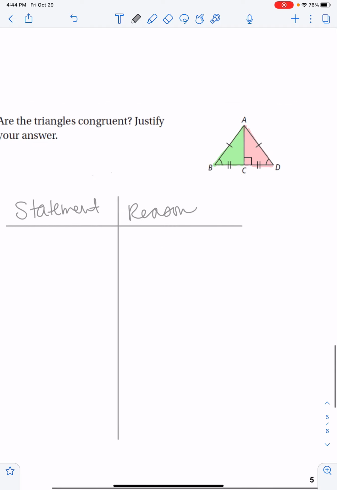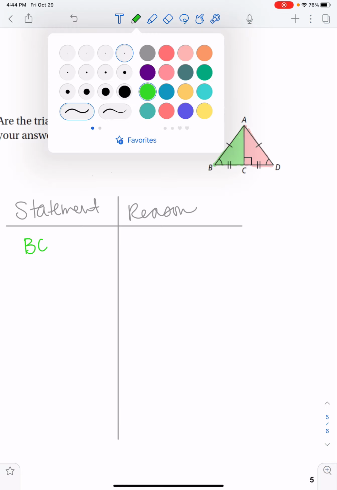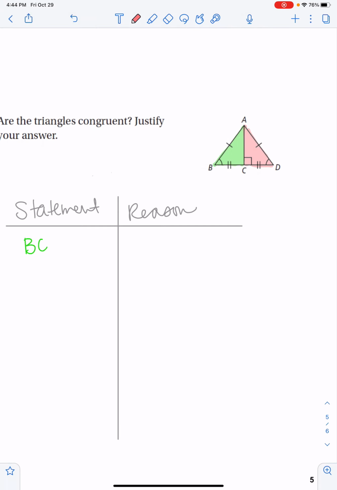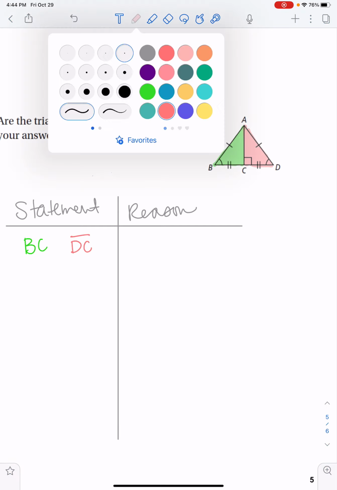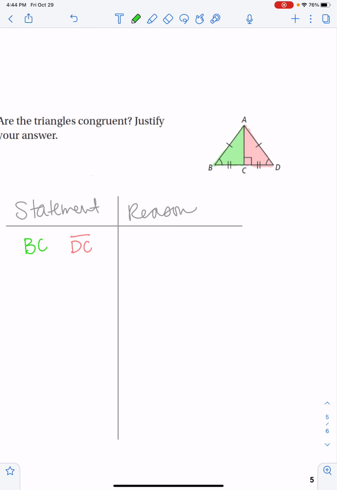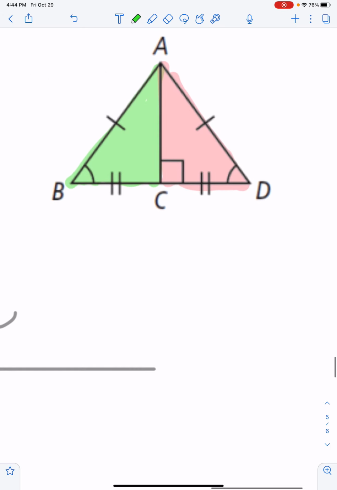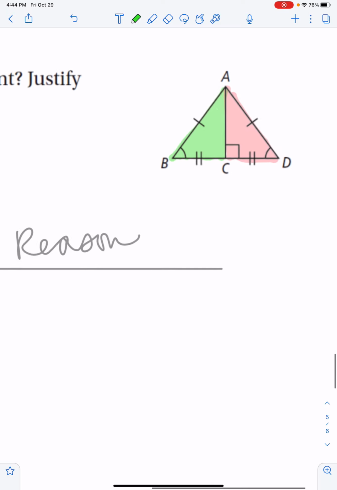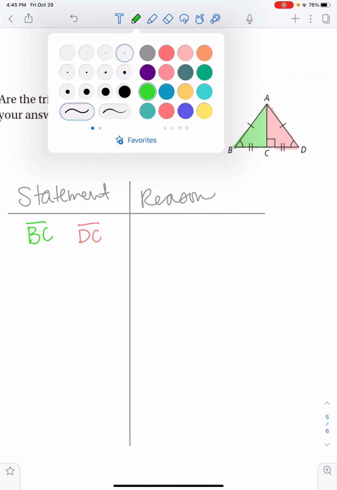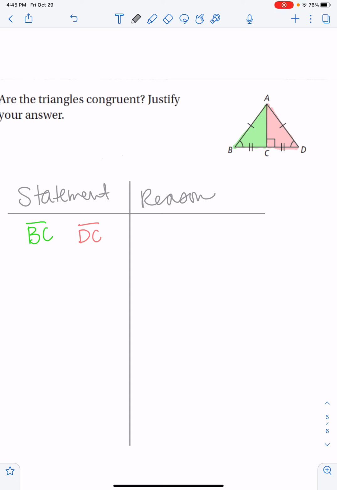It says that BC matches with DC, and that is just from those 2 little lines right in here. It shows us BC and CD are the same.